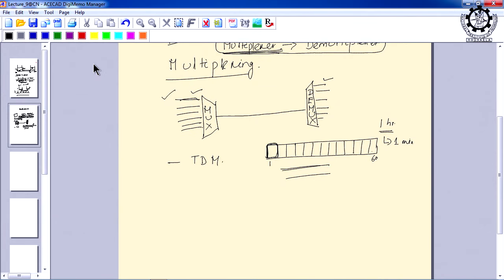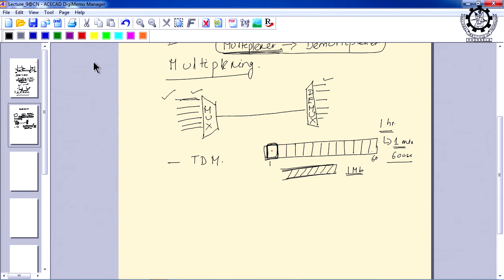Now, if you have a channel of, let us say, 1 MB capacity, then the whole channel is allocated to a node during this 1 minute time slot. Let us say you have 60 users or 60 stations, and each slot is 1 minute. So, accordingly the total transmission has been decided for 60 minutes or 1 hour.